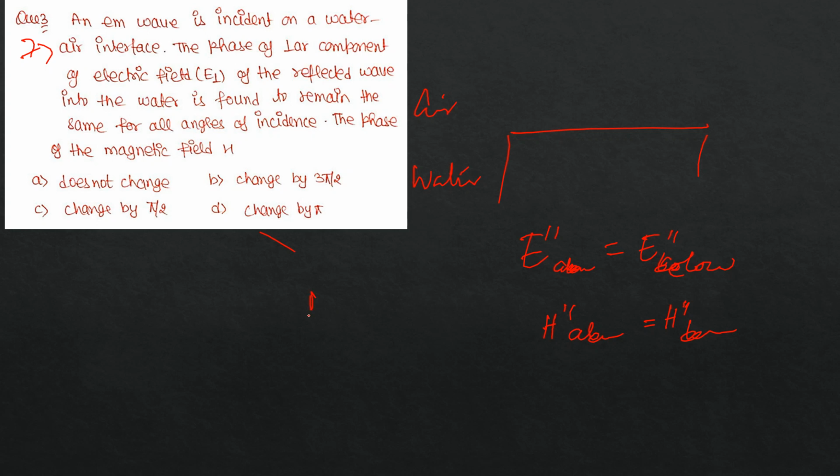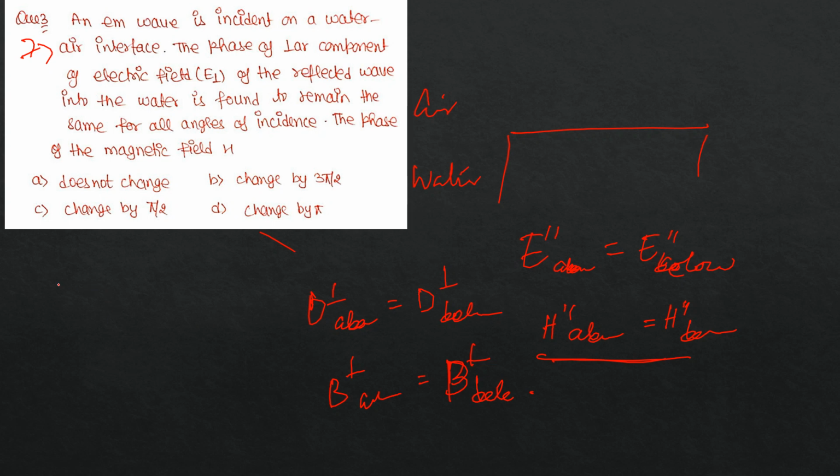But D perpendicular above is equal to D perpendicular below. So the phase of magnetic field H will change, I think, by pi. Okay, water-air interface.